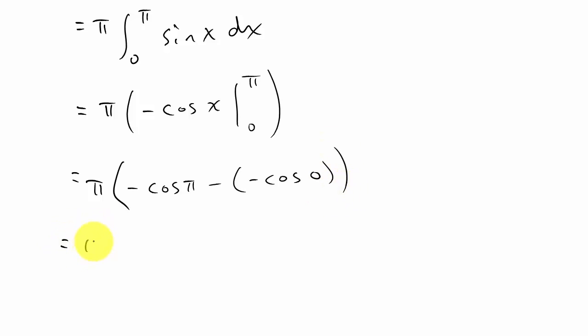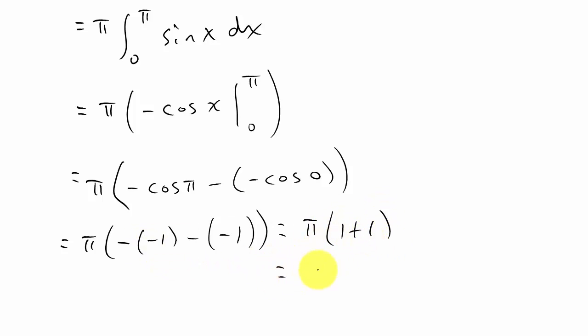That gives us pi times, with our negative sign, the cosine of pi is negative 1, minus, and here's our minus sign, the cosine of 0 is just 1. So this gives us pi times 1 plus 1, which is 2 pi.